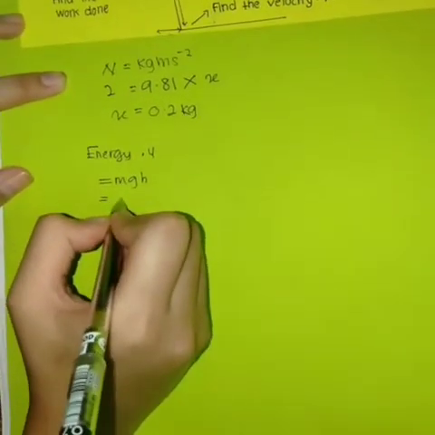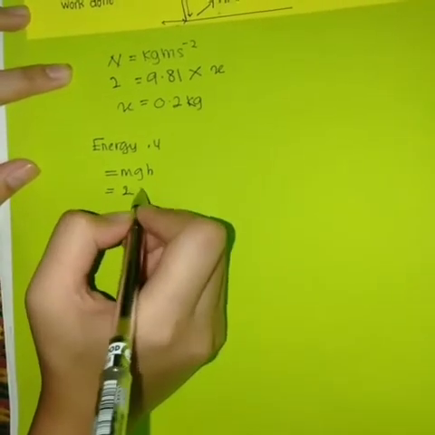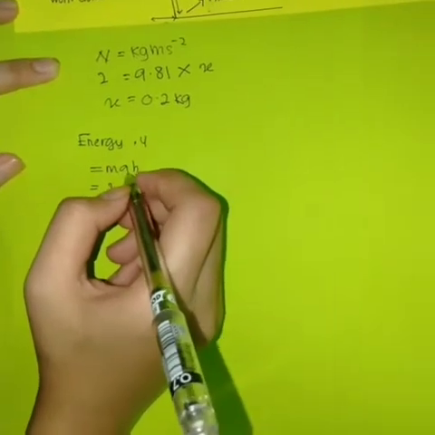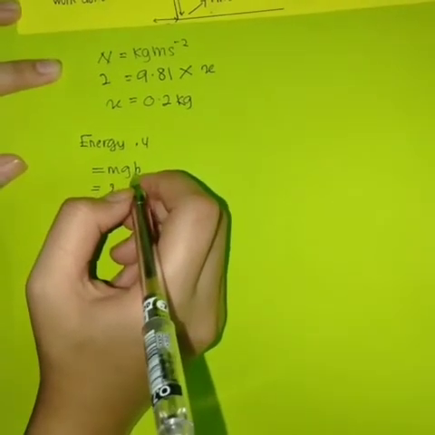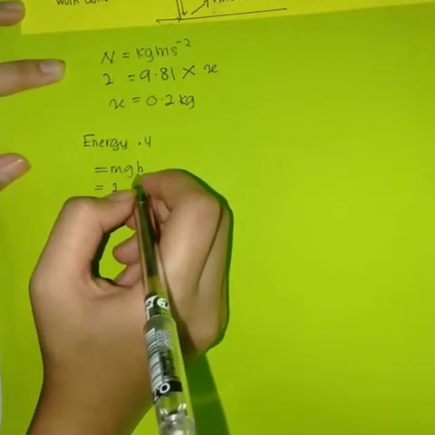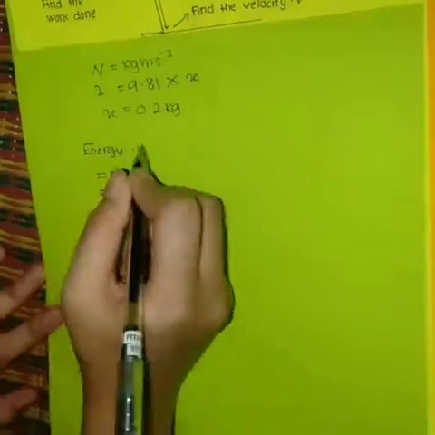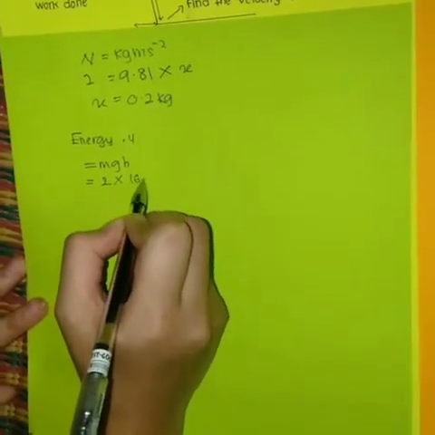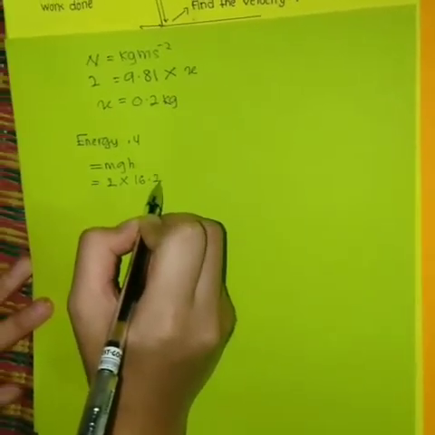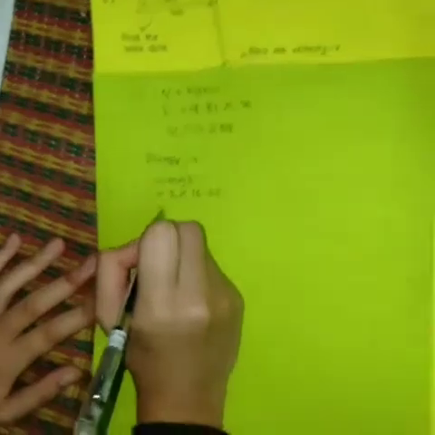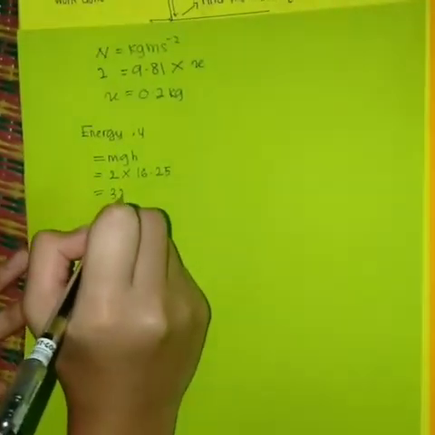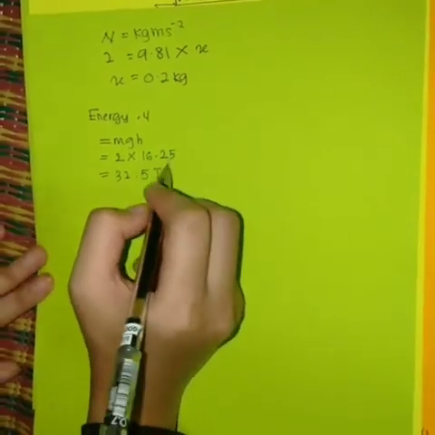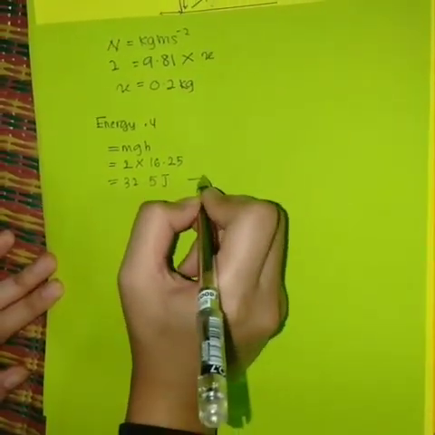So M equal to 2 and H 2 times 16.25. So we get 32.5 joule. So energy settle.